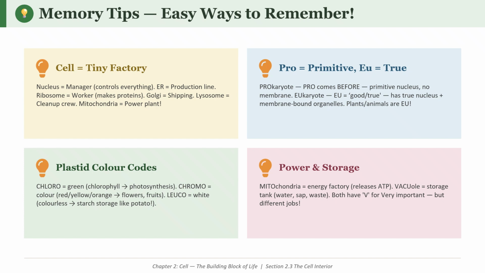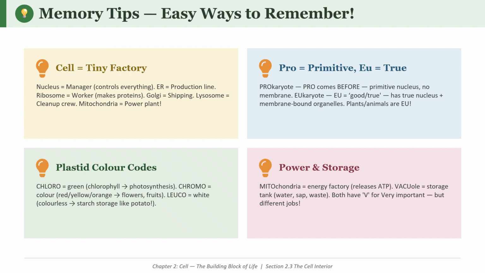Memory tips and easy ways to remember. So we can compare the cell to a tiny factory. We can take any type of factory, for example, a leather factory or a tea factory or whatsoever. The nucleus is compared to the manager of the factory. He or she is the person who controls everything in that factory. And the ribosomes are like workers.